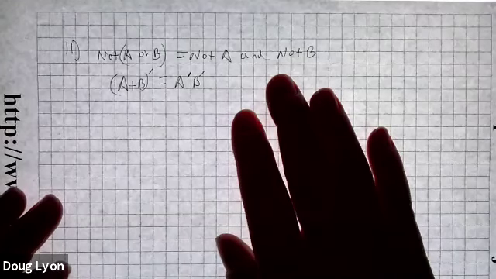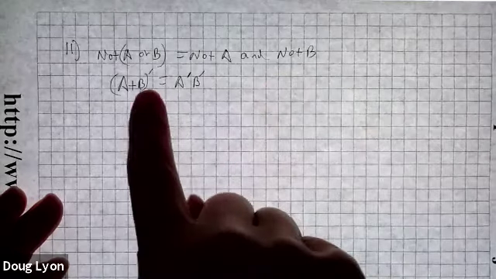Wouldn't it just be (A or B) prime is equal to A prime times B prime? Exactly.